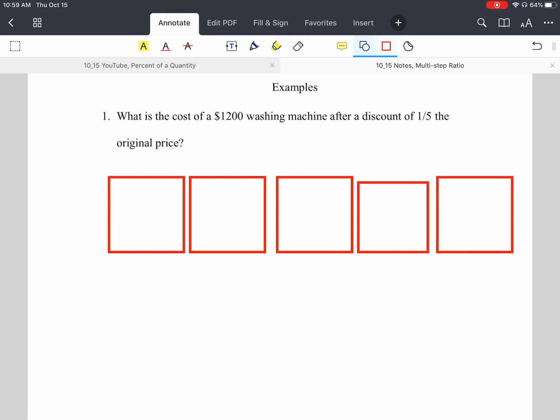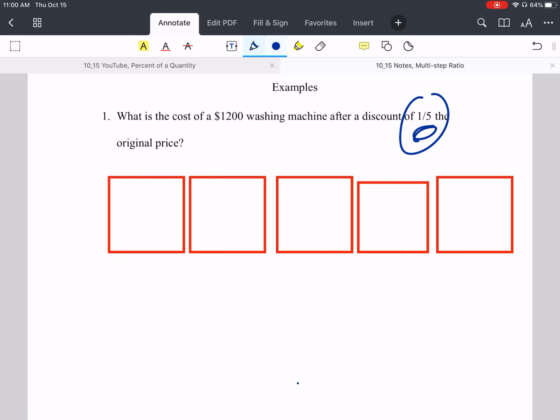And this represents the original price. I chose 5 boxes simply because I know that we're going to end up getting a discount of 1/5, which is right here.